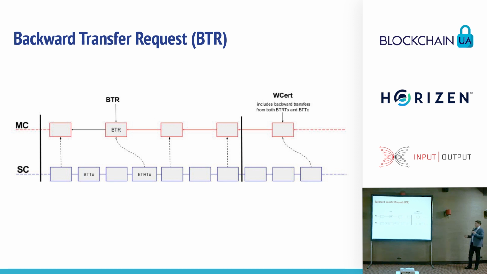So coins will appear, or if this backward transfer request is incorrect, there will be proofs that this request is incorrect. But in any case, it guarantees that no matter what happens here, main chain coin holders can get their coins back in the main chain.